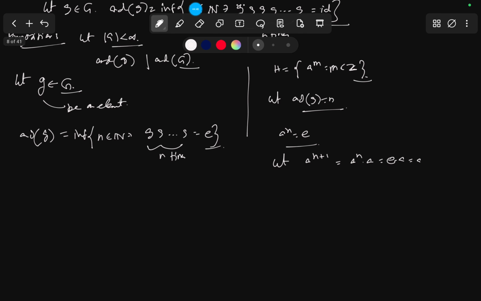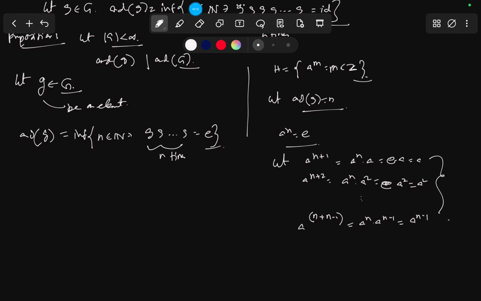What about a power n plus 2? It is a power n times a square, which is e times a square, so a square. And a power n plus n minus 1 is a power n times a power n minus 1, so it is a power n minus 1.